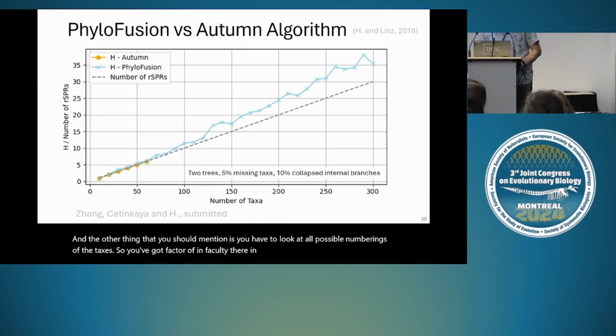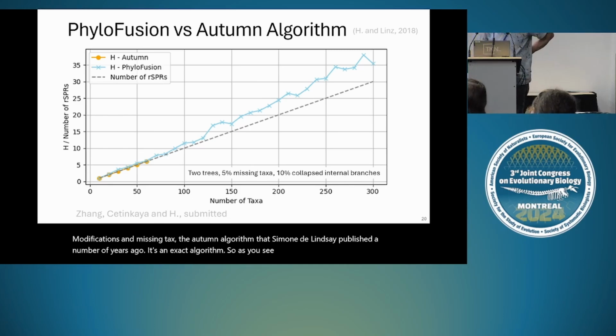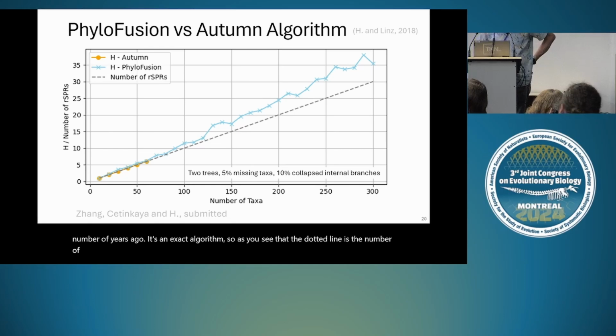And so we compared it against the only other algorithm that we know of that takes data with polytomies and missing taxa, the Autumn algorithm that Simone Linz and I published a number of years ago. It's an exact algorithm. The dotted line is the number of hybridizations in the pair of trees that we're looking at.